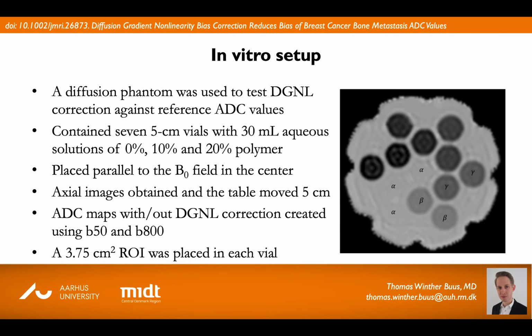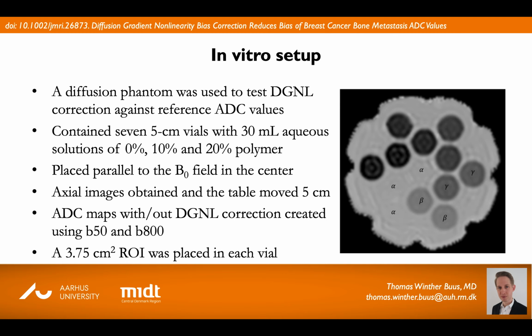So we started by using a diffusion phantom to test diffusion gradient nonlinearity correction against reference ADC values. Here you have an ADC map of the phantom, which contained 7 vials, which were 5 cm long and contained 30 milliliters of aqueous solutions of polymer, with concentration ranging from 0% to 20%.